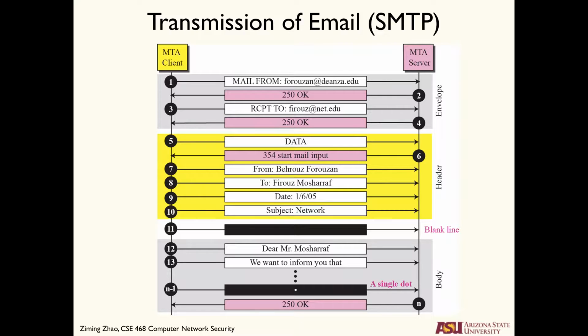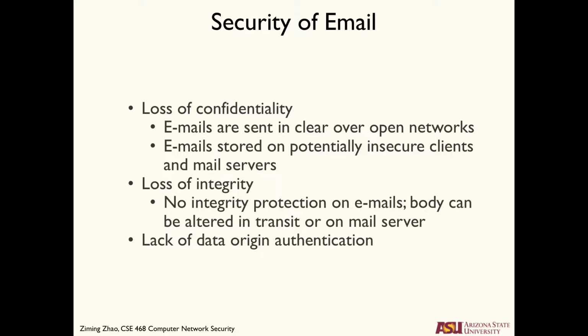From there, the client side will send from, to, date, subject, and a blank line. After the blank line would be the content of the actual email. The format of it is very like HTTP actually. They all use plain text. Nothing is encrypted.